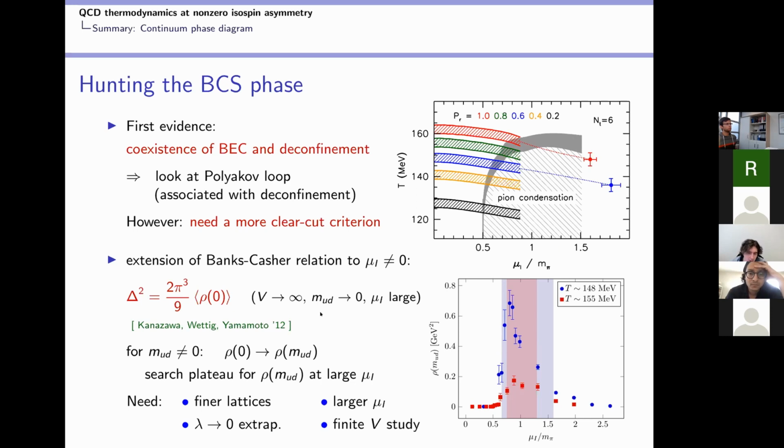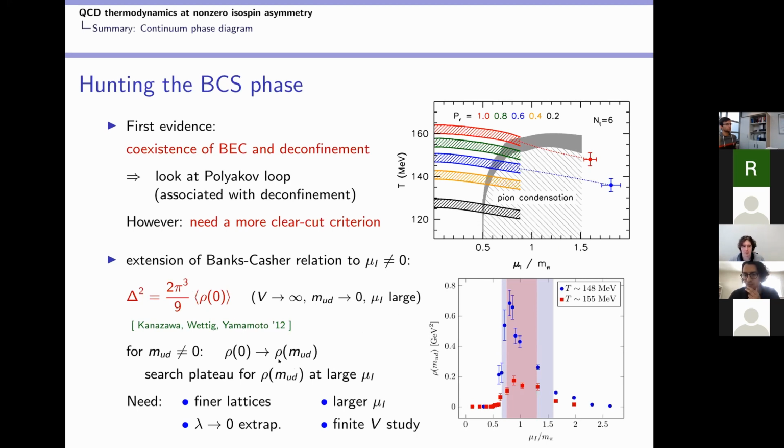which was derived in the infinite volume limit and the zero mass limit, so zero quark mass limit, and for large mu I. This extension relates in this limit the BCS gap to the density of the complex eigenvalues of the Dirac operator at 0.